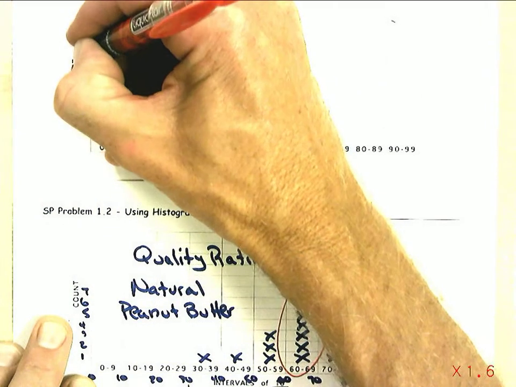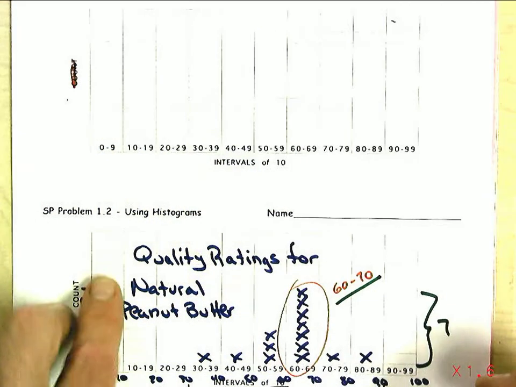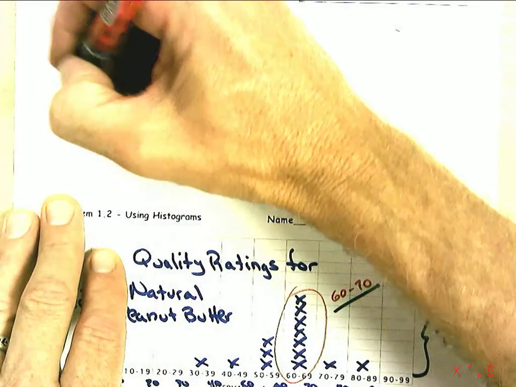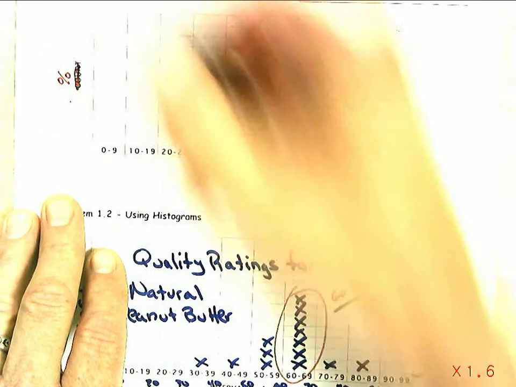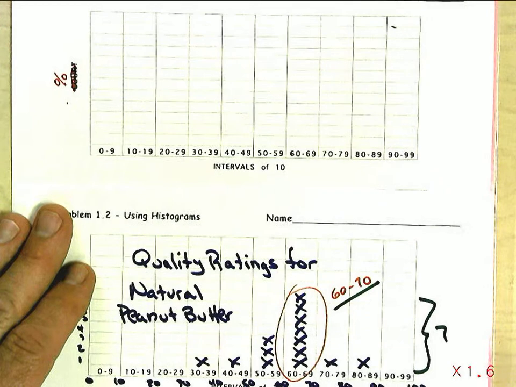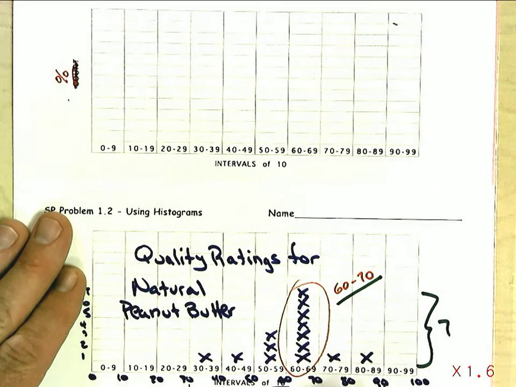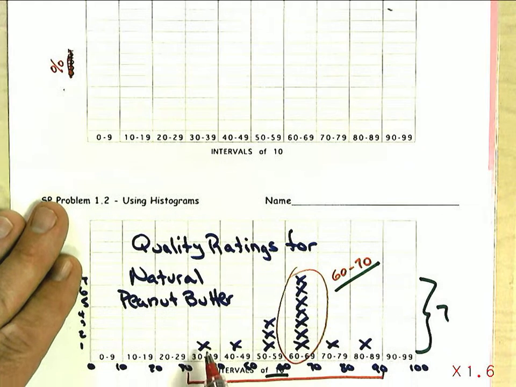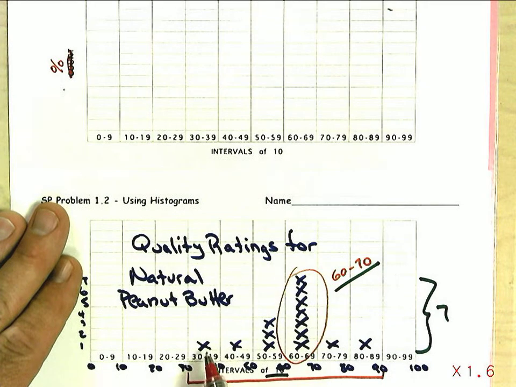Instead of counting, it's called the relative frequency. And it's calculated as a percent of the total number of these quality ratings. So if you count all these X's here for natural peanut butter, there's 1, 2, 3, 4, 5, 6, 7, 8, 9, 10, 11, 12, 13, 14.